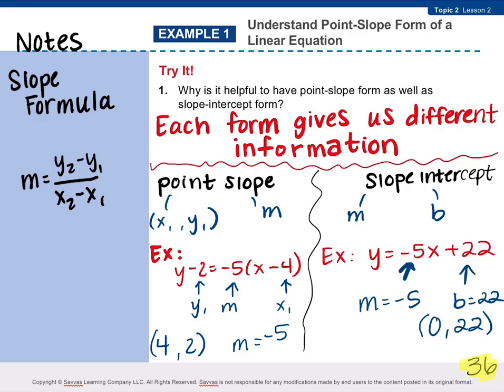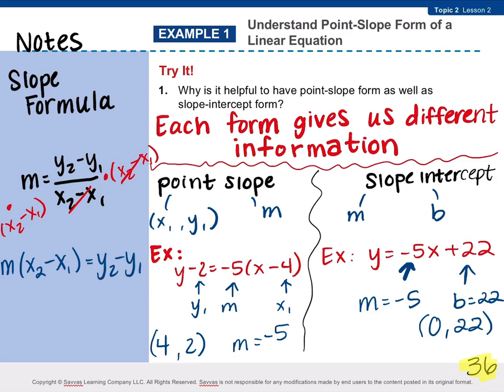If I rewrite that to get rid of that fraction by multiplying, doing the opposite of dividing, by x2 minus x1 to cancel out that fraction, and I do it to both sides, because if I do something to one side I have to do it to the other, I would get m times x2 minus x1 equals y2 minus y1.